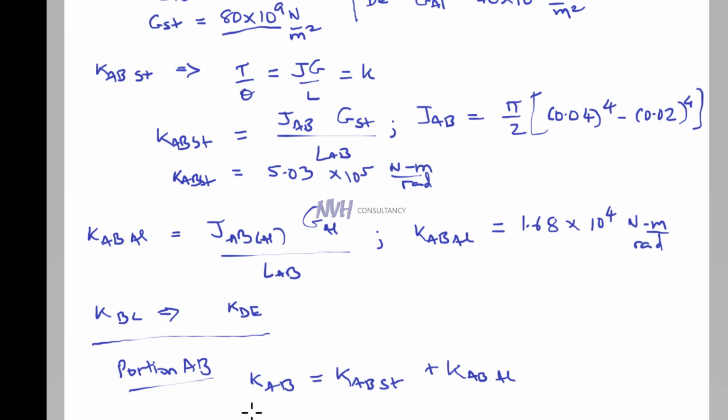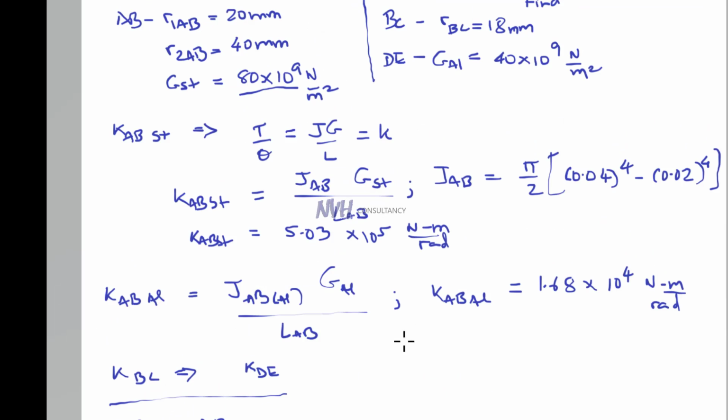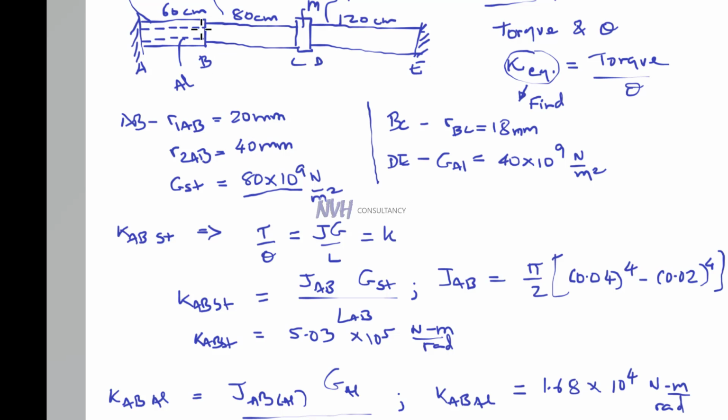Now for the portion ABC, these shafts are connected in such a way that the angle of twist is going to be different for each of the two shafts. AB, which is the composite of steel and aluminium, and the solid steel portion BC will have different angles of twist.